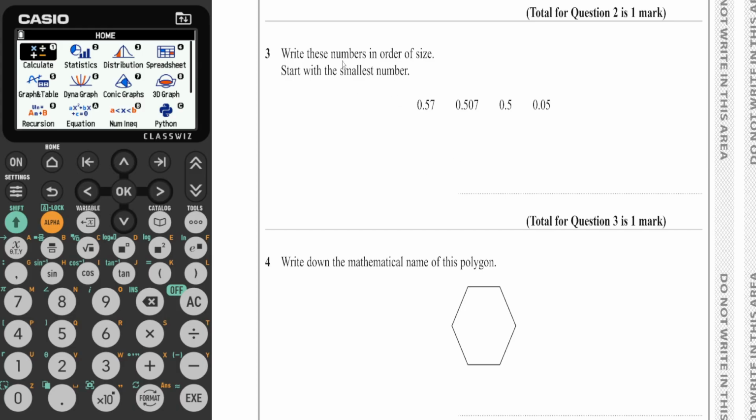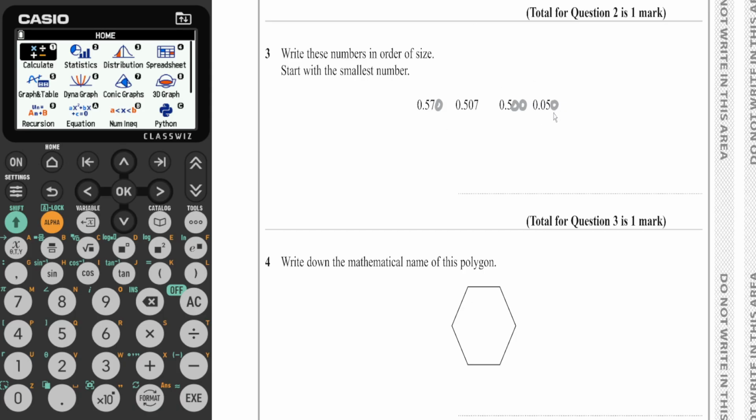Question number 3. Write these numbers in order of size. Start with the smallest number. What we can do is write each of these numbers to 3 decimal places by putting a placeholder of 0 where we do not have 3 decimal places, as we see here. We can now order these numbers.